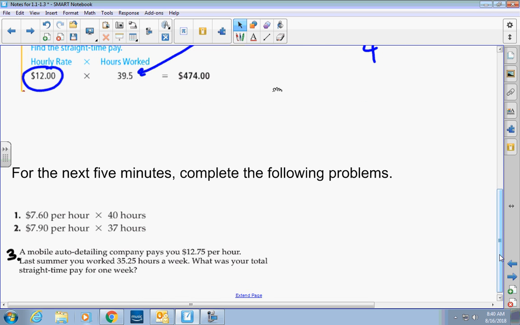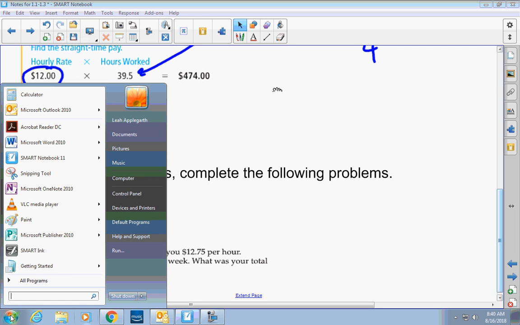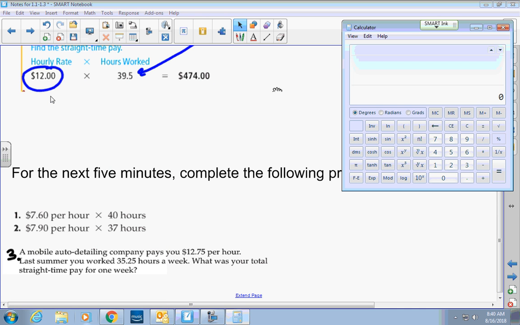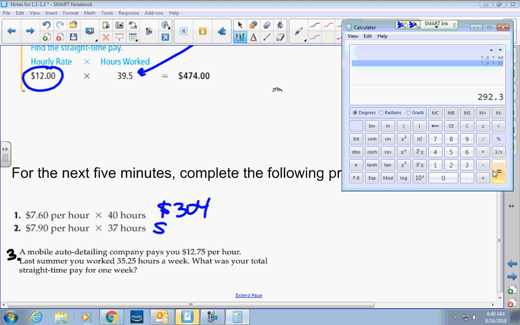We did these problems where we take $7.60 times 40. Let's find our calculator for that. $7.60 times 40 hours, we got $304. $7.90 an hour times 37 hours is $292.30.